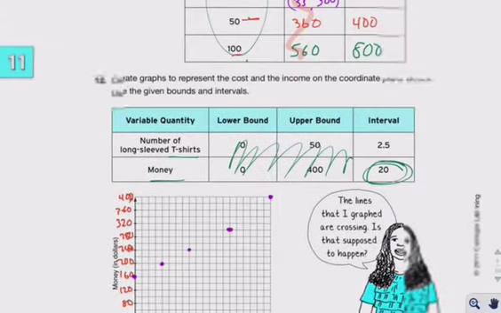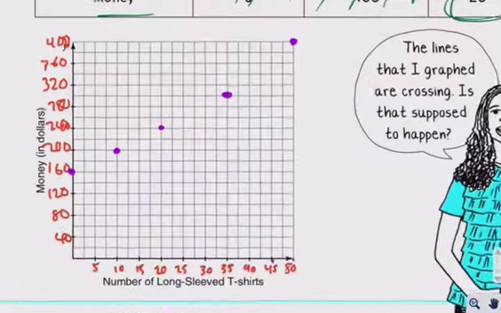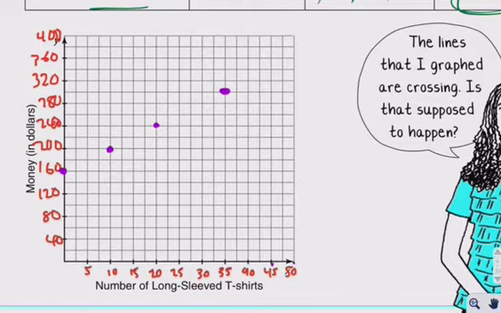Oh, because 50 is 360 and not 400. Haha, you see how I check myself, guys? Because it didn't line up. You guys need to do the same.